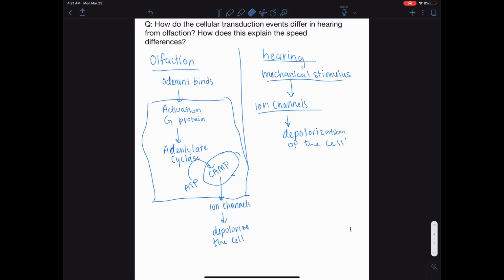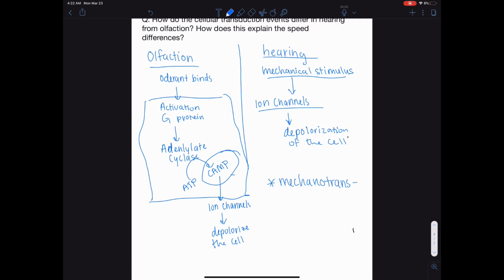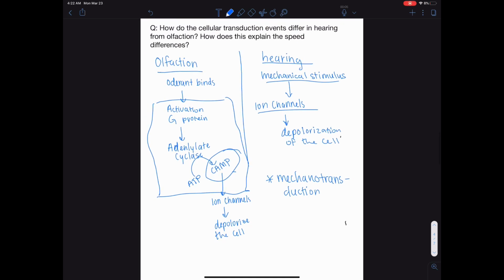This is called mechanotransduction, and it's far more direct and a lot faster.